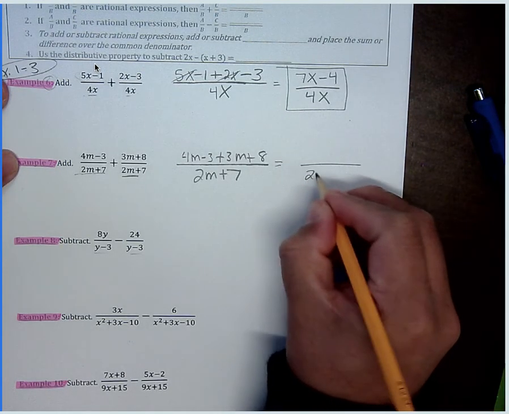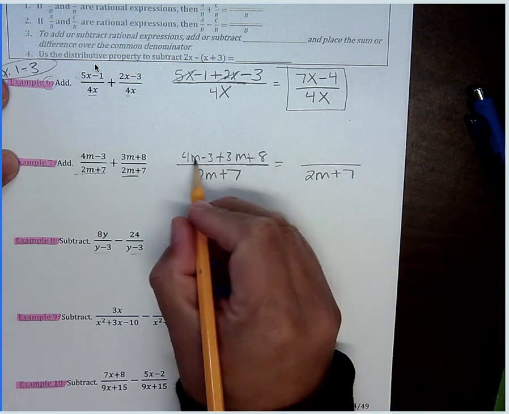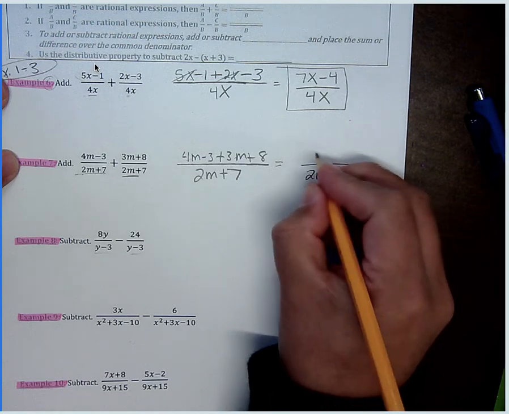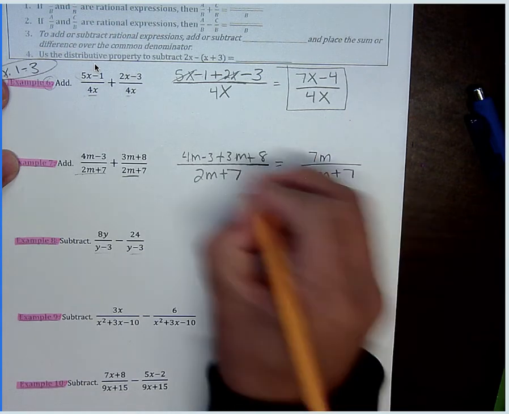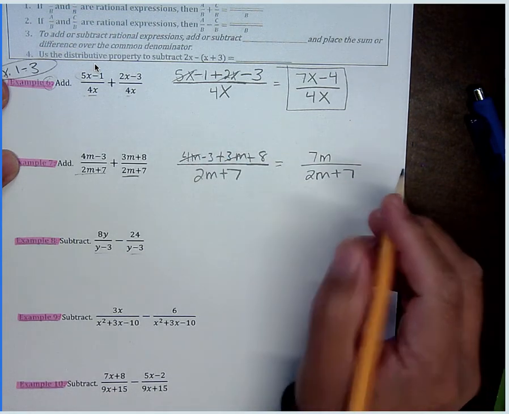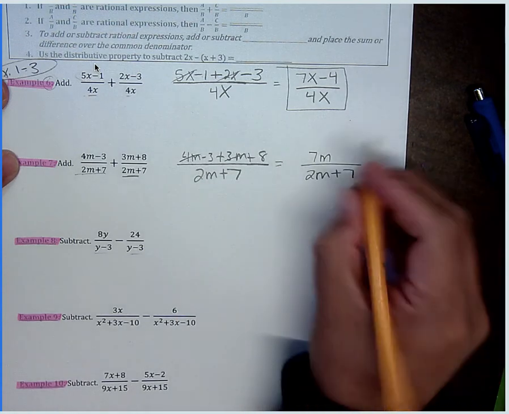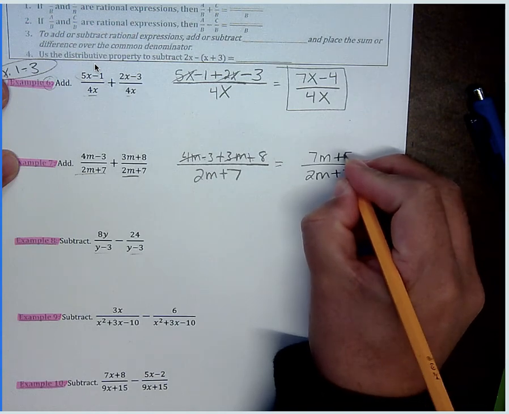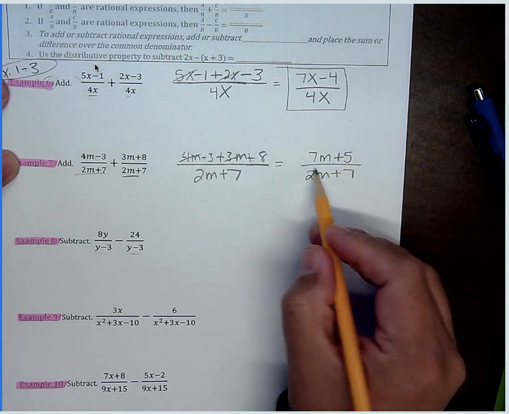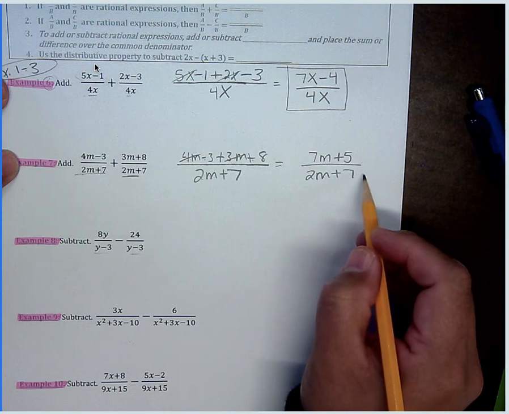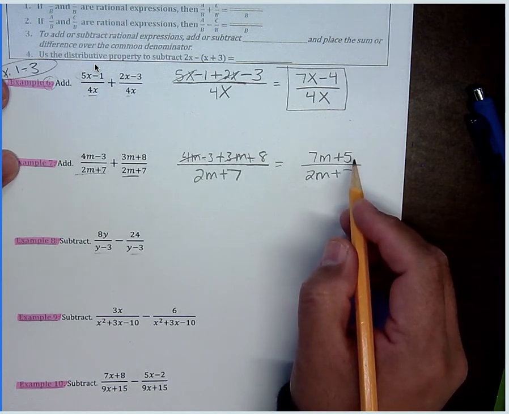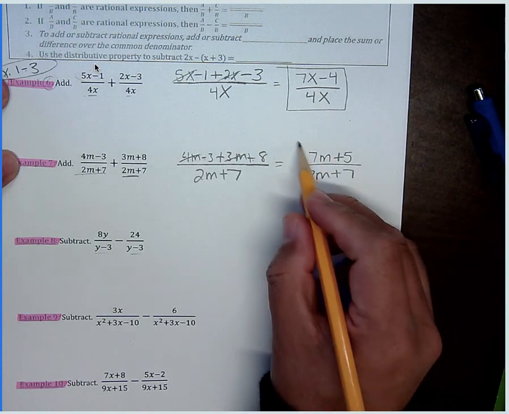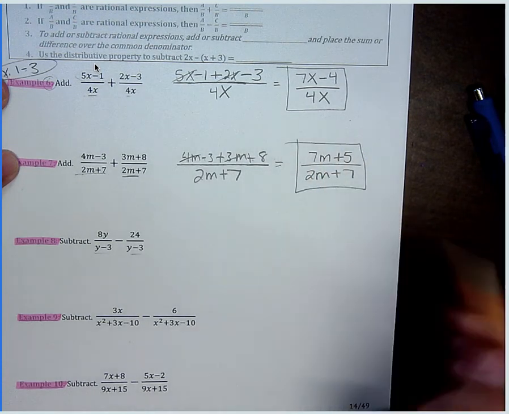Connect the like terms, so 4m and 3m give you 7m. Negative 3 plus 8 gives you positive 5. And then see if anything can be simplified by doing factors, GCF. No, you can't on this one. So that would be the answer.